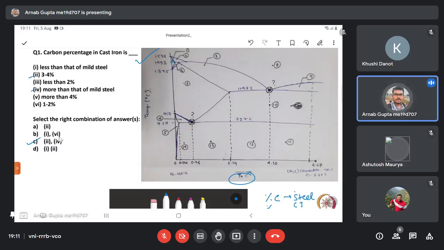Anyone? What is the particular phase I have marked in blue? Ashutosh? Okay, Kushi, can you say what is the phase that has been designated by 1? This one?